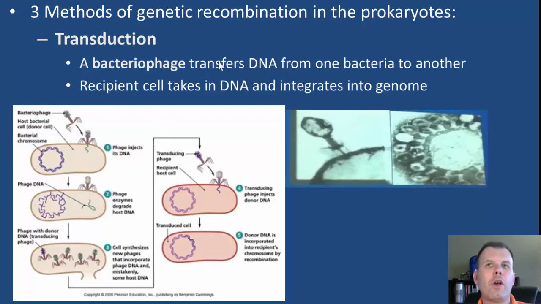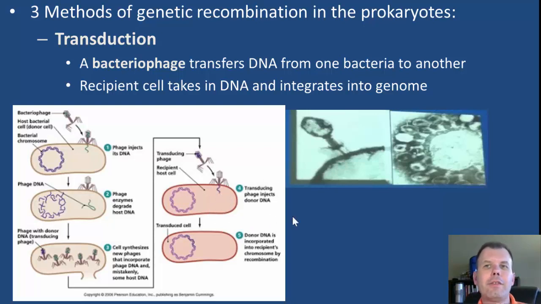The final way is called transduction, and transduction uses a bacteriophage. Bacteriophages are viruses that infect bacteria, and we talked about this last time. They go around infecting other bacteria, and sometimes bacterial DNA actually gets incorporated into the viruses. If the bacteria that gets infected by this bacteriophage is lucky enough, sometimes it will get bacterial DNA rather than viral DNA.